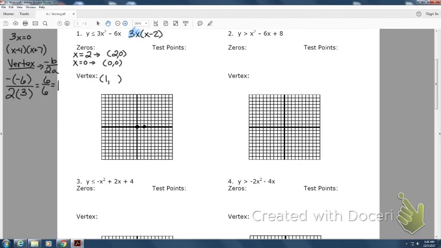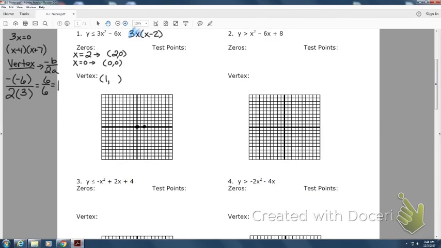And then to get the y value, anytime I have the x value of any coordinate, how do I find the y value? Hunter? If I have the x and I want to find the y, plug in the x. Plug 1 in for x and see what it gives you. That's the y that goes with 1.